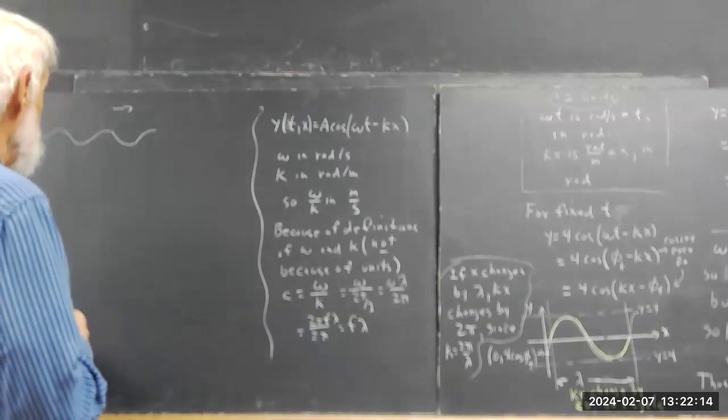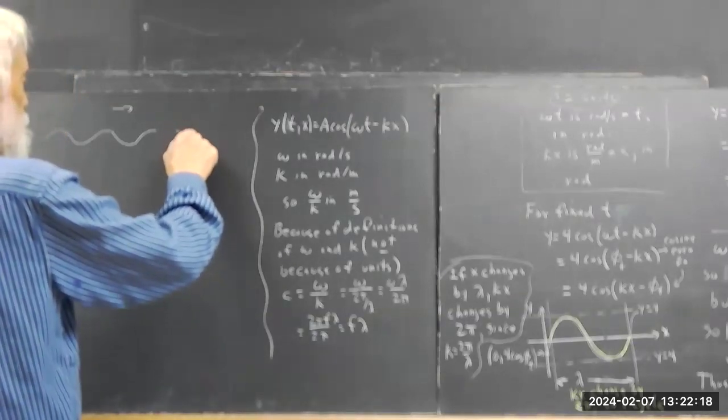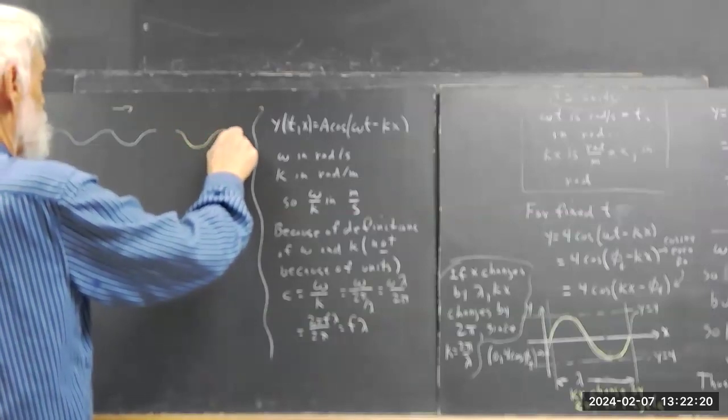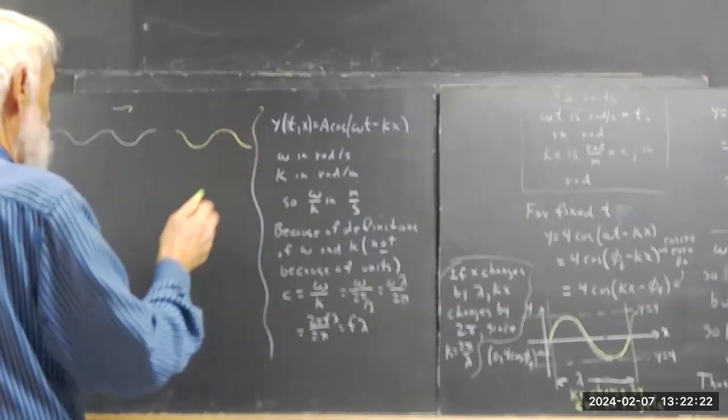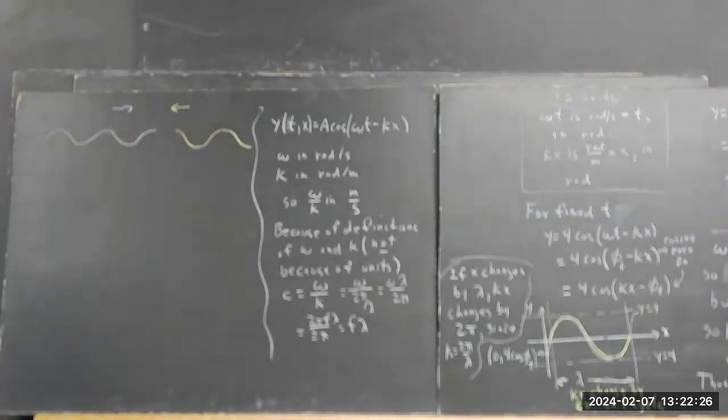And we've got another wave happily traveling along, same wavelength, same amplitude, but it's traveling in this direction. What's going to happen?